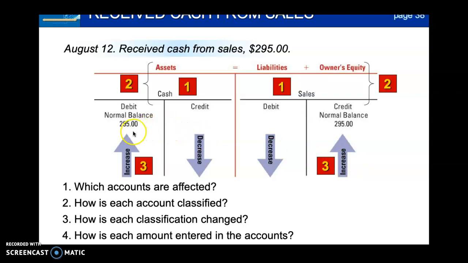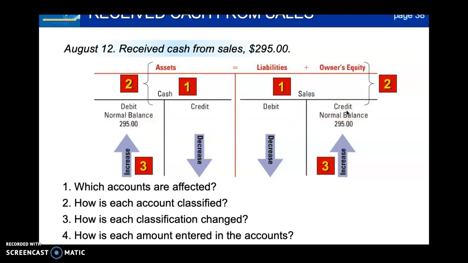Then the amounts. So it's 295. Now remember a couple of the rules. Whatever we do to this side, we have to do to this side. So we increased cash, so we're going to increase sales. The other rule is you should have one debit and one credit.